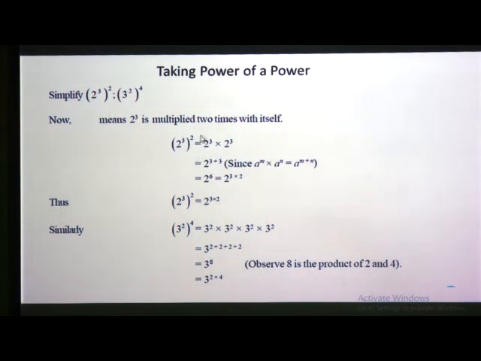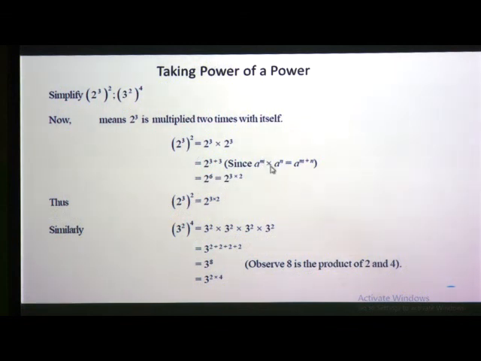Then you know how to write this in the simple form. Now, you can use the formulae. When bases are the same, powers should be added. Here the 2 and 2 bases are the same.